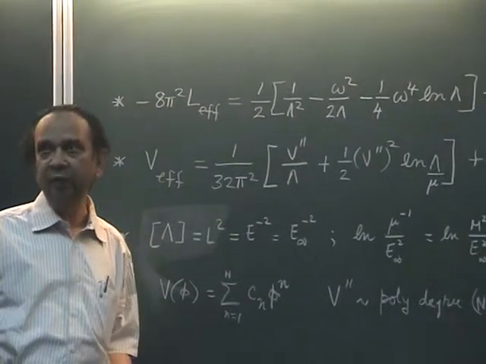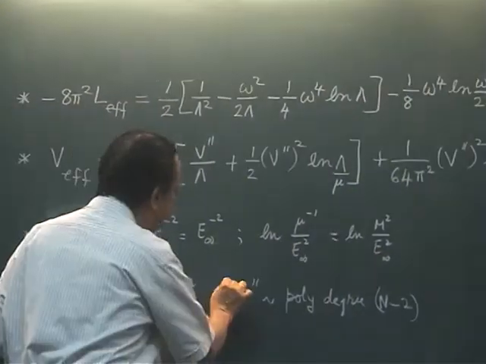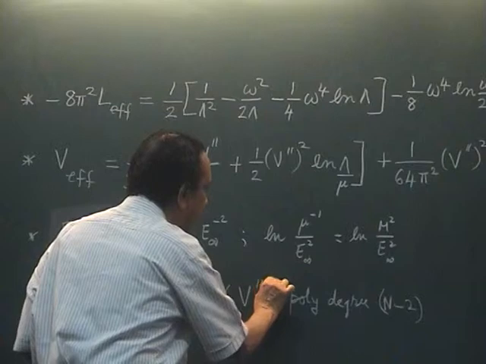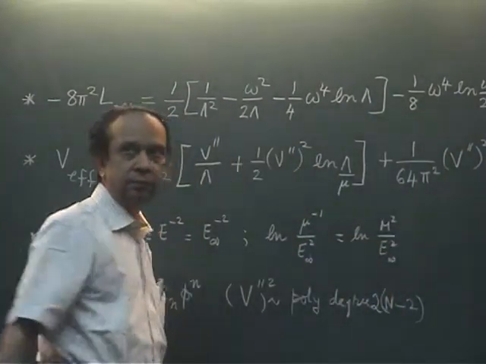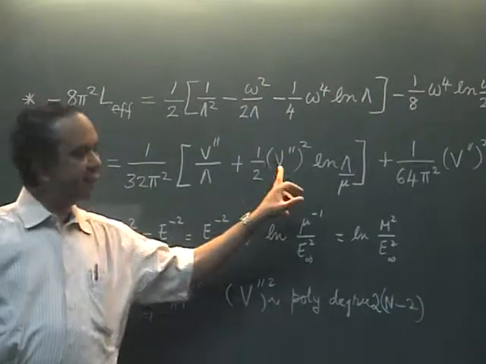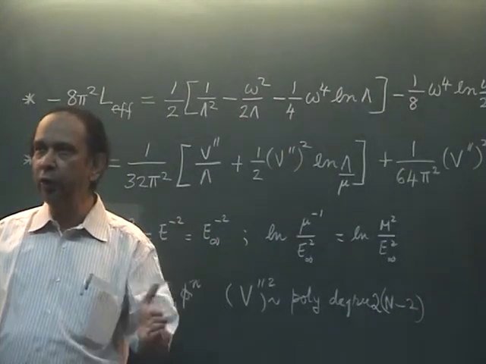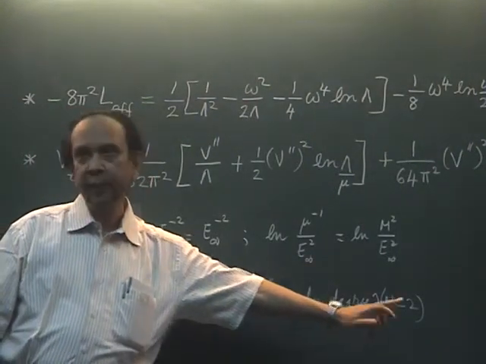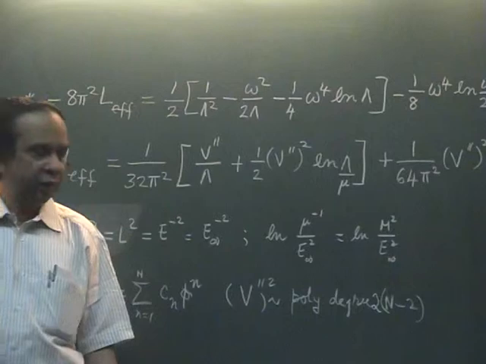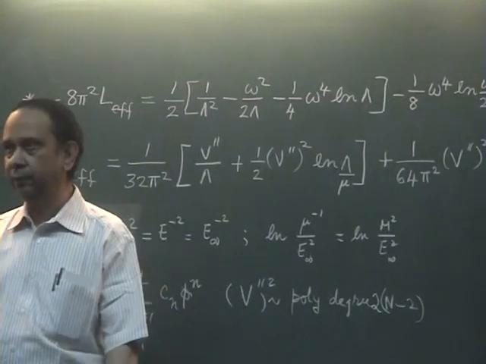The highest term will be of n minus 2. Therefore, V double prime square will be a polynomial of degree 2 into n minus 2. So when I look at this term, I will generate a polynomial with all the terms up to 2 into n minus 2. But in the original theory, I had only up to n.